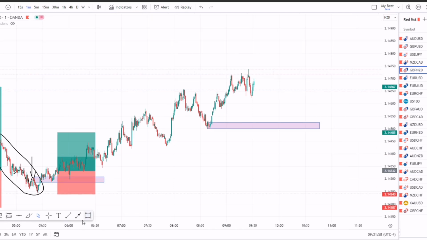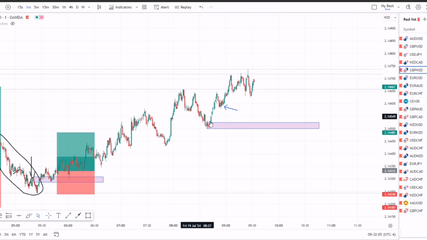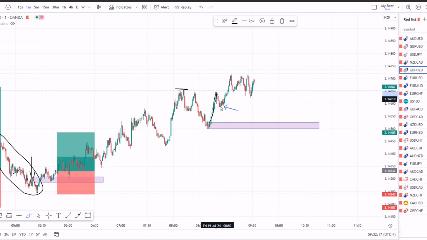The reason why you cannot rely on this one is because when price went up from here, it did not close above this level. It didn't close above, instead it came back, and then right there it went to close above it. And then it came back.